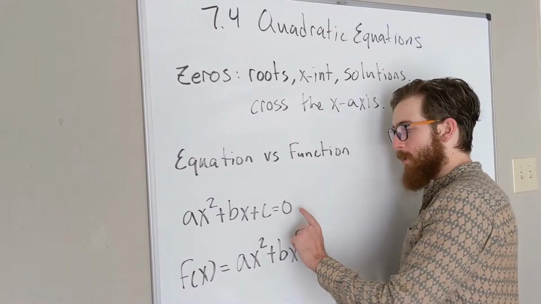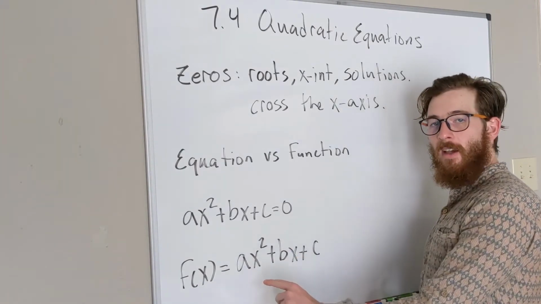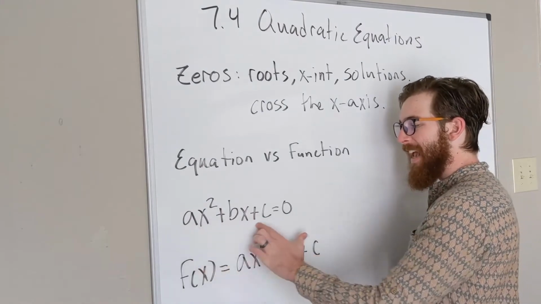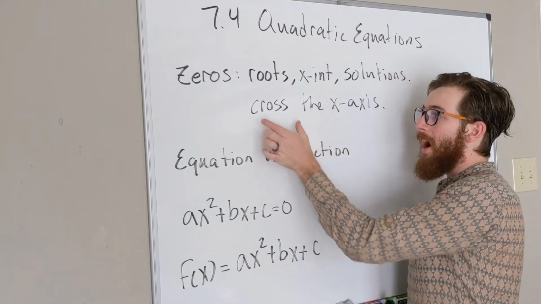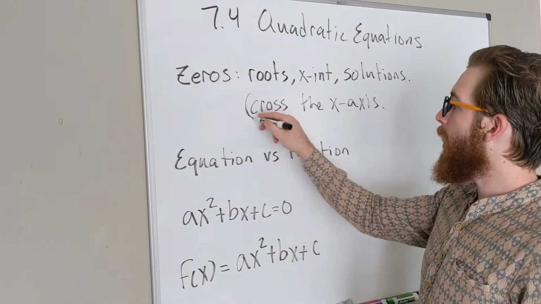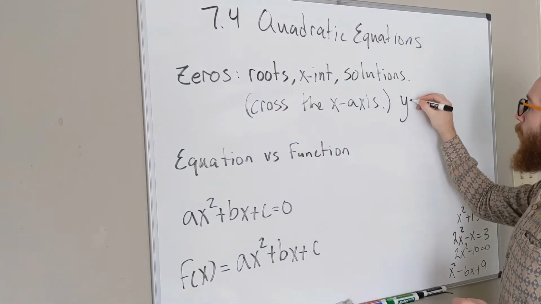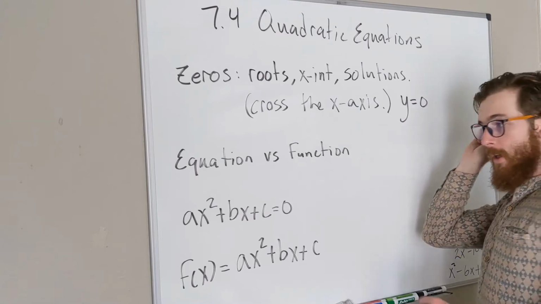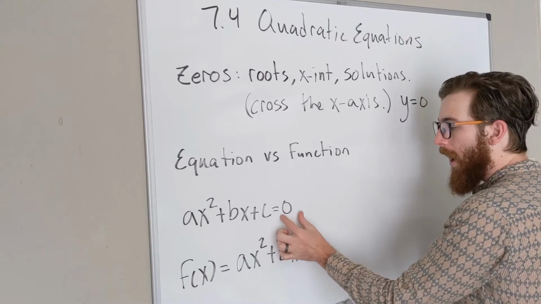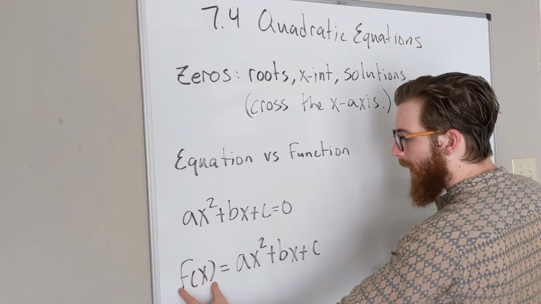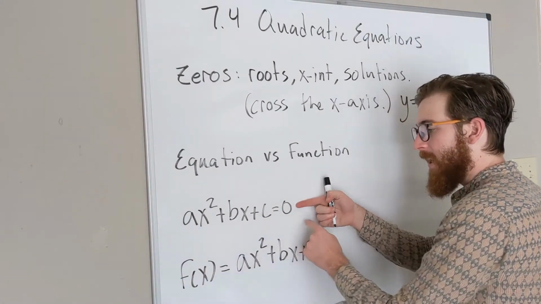The equation says that this has to equal 0. That's where we're getting these zeros from. Y equals 0. Remember, when it crosses the x-axis, y equals 0.